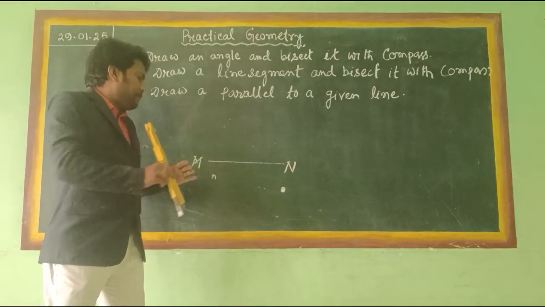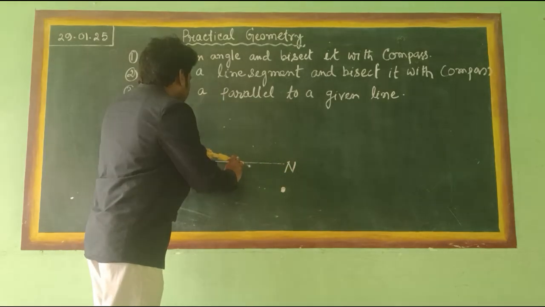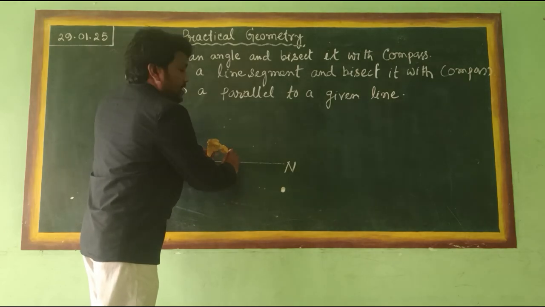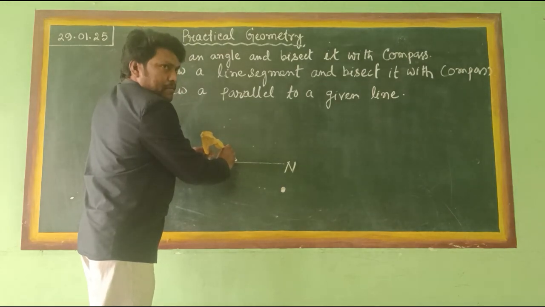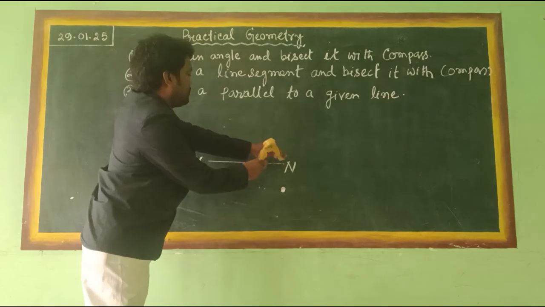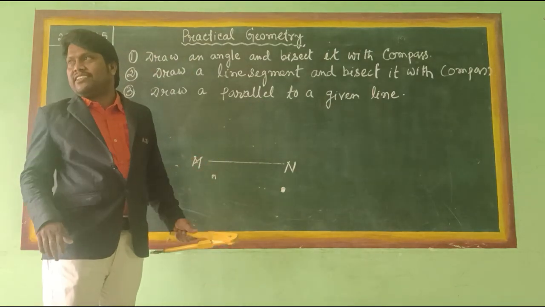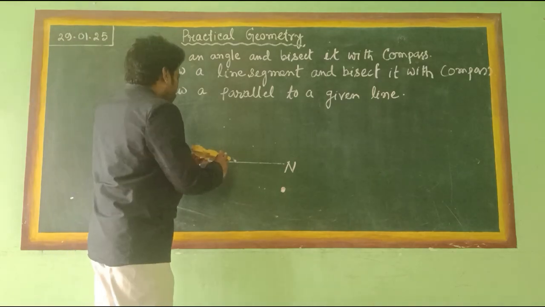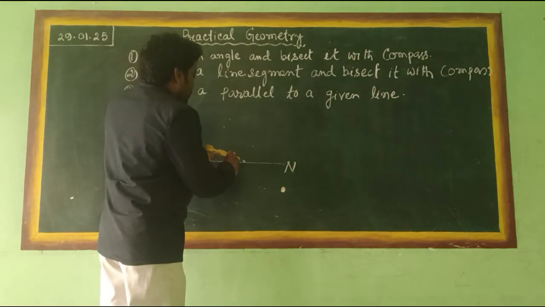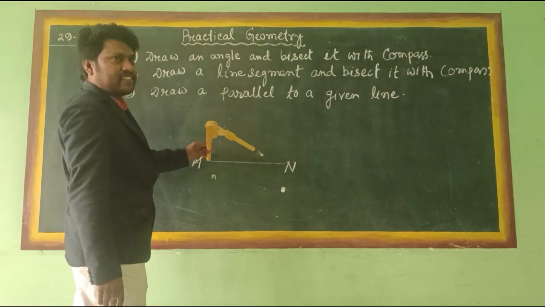Why? If you take less than half and cut from this point and from that point, the arcs do not touch. So how would you bisect? So always take more than half of the radius.